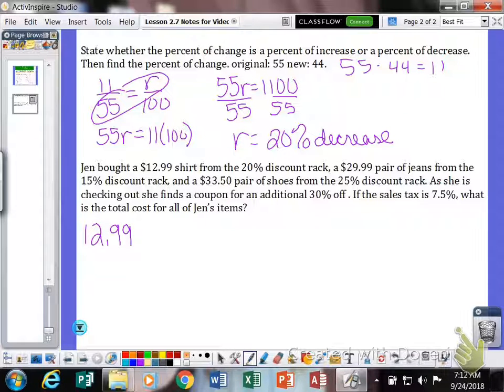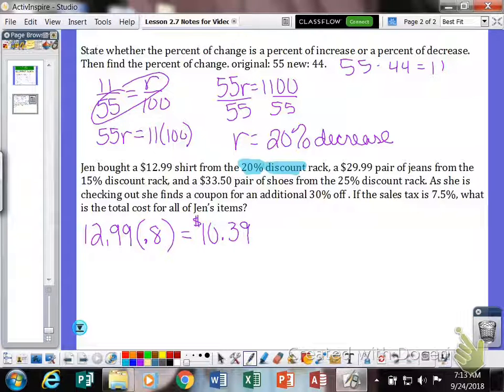So first we have to find the shirt, $12.99. She's getting a 20% discount, which means she's paying for 80%. So I'm going to multiply $12.99 times 80%, or 0.8. So she's actually going to pay $10.39 for the shirt.